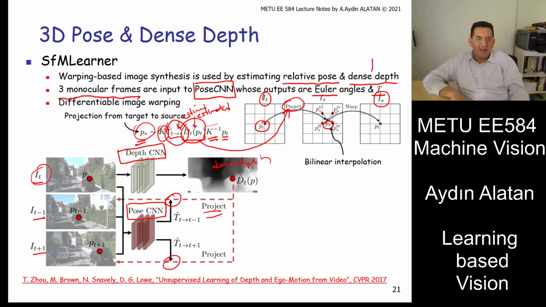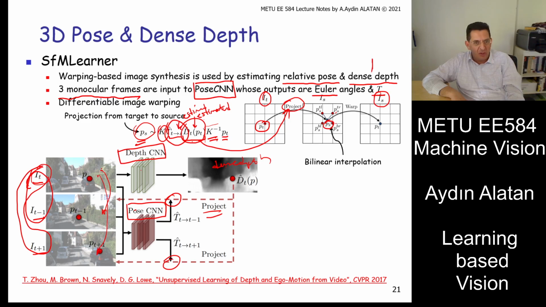Then these two guys are estimating one pose, these two guys estimating the other pose, and they basically generate the error. Therefore, through these things, I can obtain my errors, and I can find from this image a synthetic version of this, from this image a synthetic version of this.